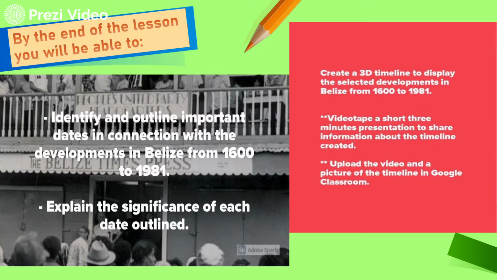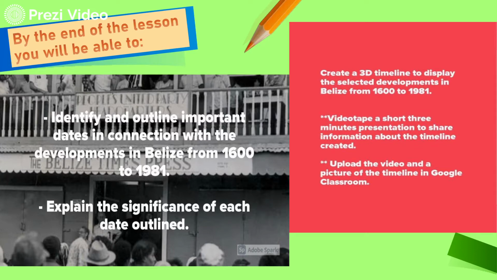At the end of this lesson as well, your task will be to create a 3D timeline to display the selected developments in Belize from 1600 to 1981. Now, boys and girls, after you have created your timeline, you will videotape yourself. You will make a short 3-minute video presentation explaining the information on your timeline.